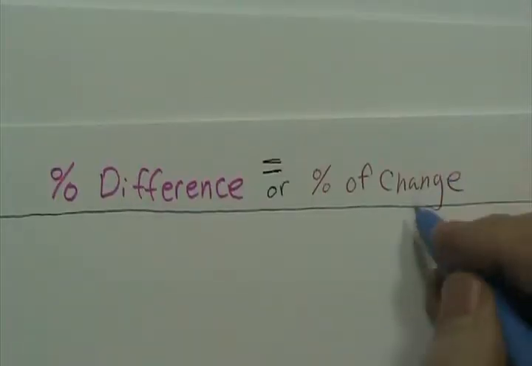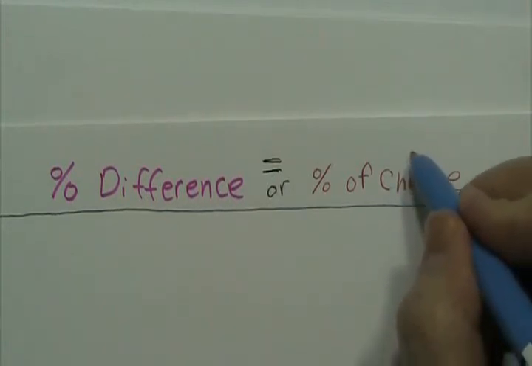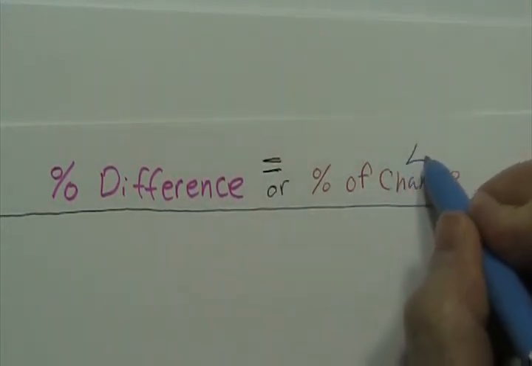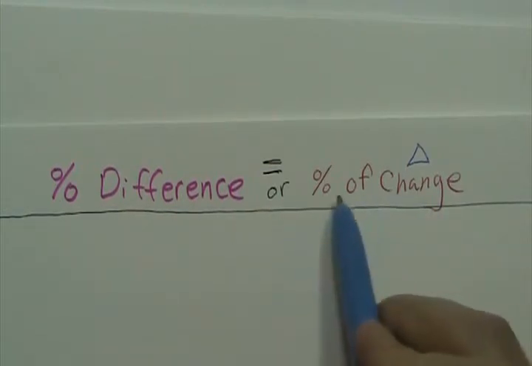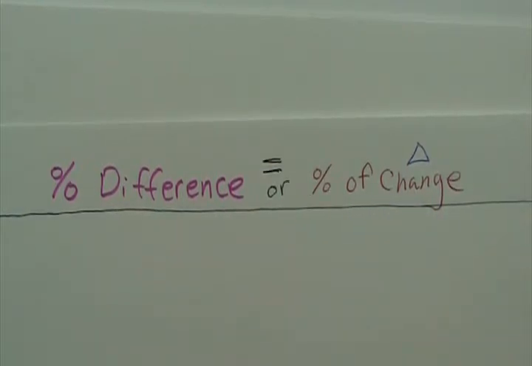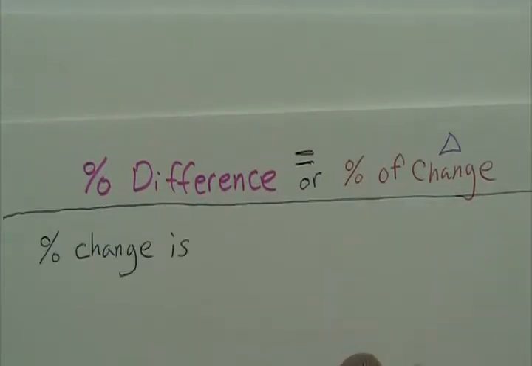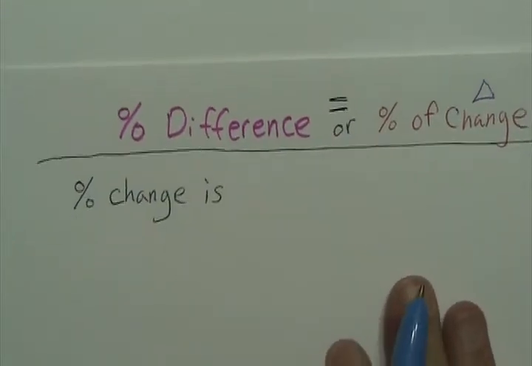And one other thing I want to take note of, remember we used that triangle symbol for change? So instead of writing percent difference, we'll say percent change. It'll be a lot easier. Well, maybe I'll just spell out the word. It's hard for me not to spell out words.